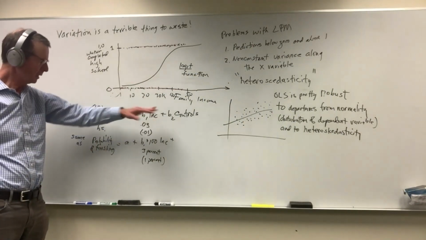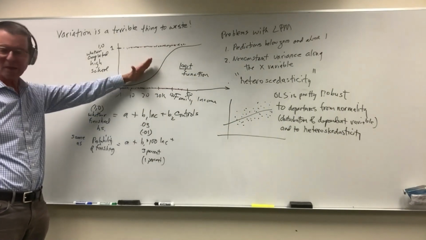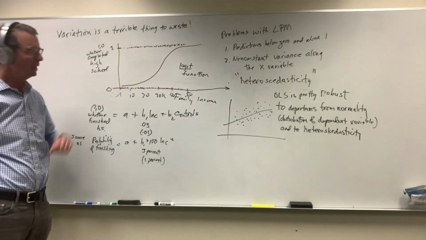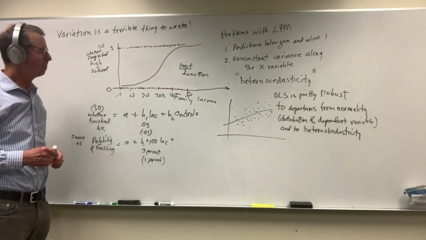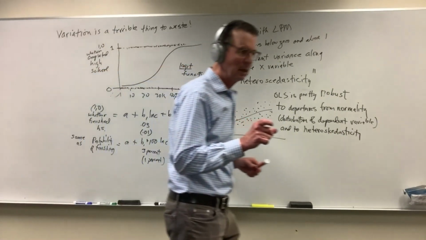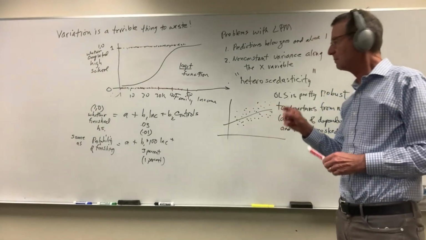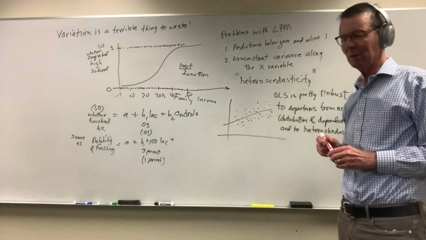We were regressing on income and controls. We got a number for the slope, right? There was a slope. It was 0.03 everywhere. And that slope, that 0.03, had that probability interpretation, which is the way people think about these things.